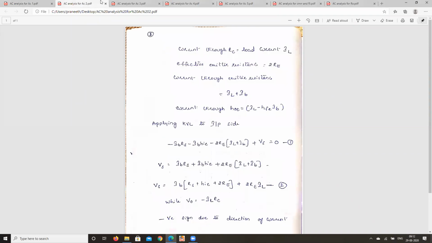Before going to the analysis, we summarize some points. The current through the emitter resistance is the load current IL, and the effective emitter resistance we have already equalized to 2RE. The current through the emitter resistance is IL plus IB, as you can see in the figure.